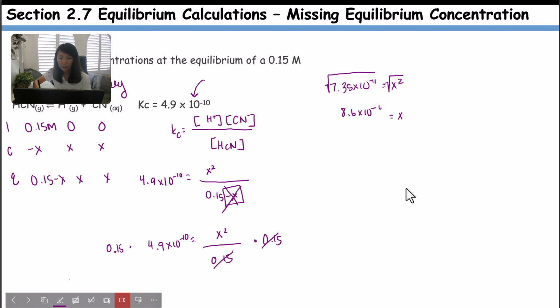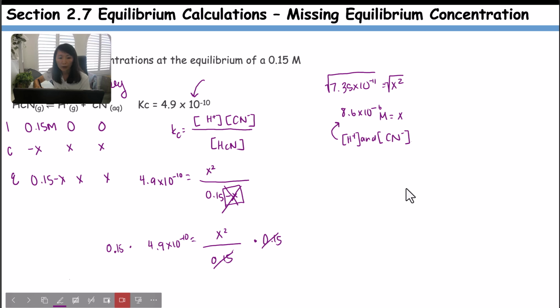Yeah, 6 molarity is what x is equal to, okay? So that's the concentration for x. What is x? Well, x represents the H plus, and also the concentration for CN minus, okay? All right, so that's for this guy over here.